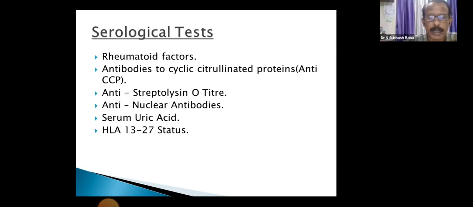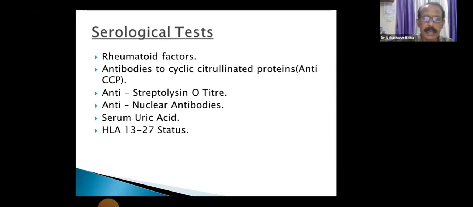In the ANA profile, double stranded DNA, or anti-dsDNA, is highly suggestive of SLE, and some other categories are also there, like Sjogren syndrome. Sjogren syndrome can also be diagnosed from the anti-nuclear antibody profile. Another most important rheumatological or connective tissue condition is systemic sclerosis, which can also be diagnosed from the profile.